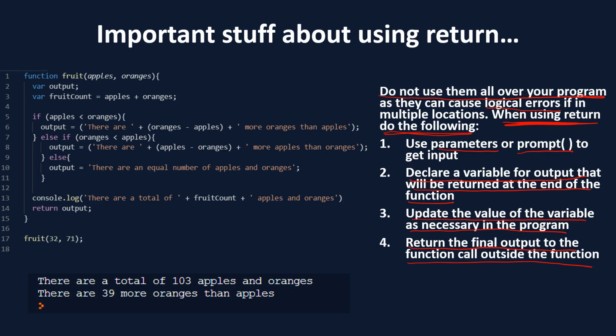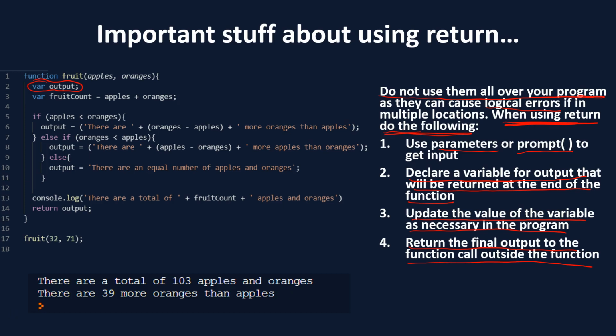Okay, so let's look at our fruit function here. I was running out of ideas, so this one's kind of lame, sorry. So function fruit, we have apples and oranges. Here I created that output variable that I can store stuff in, and it can change over time because we know variables can be reassigned different values.